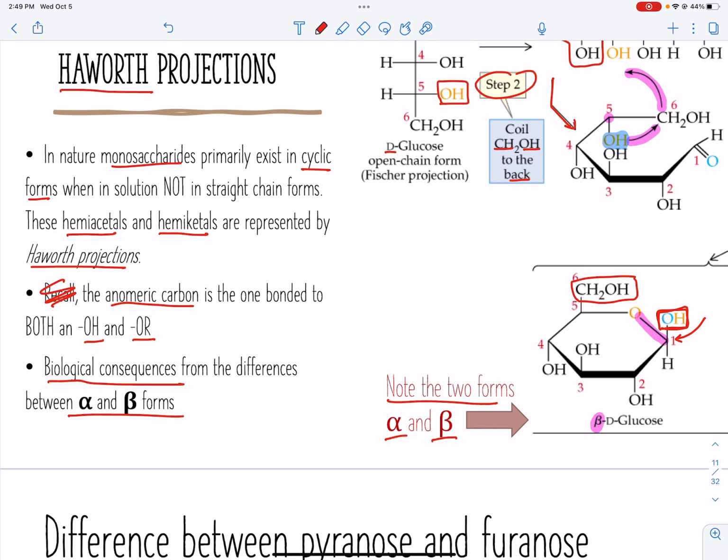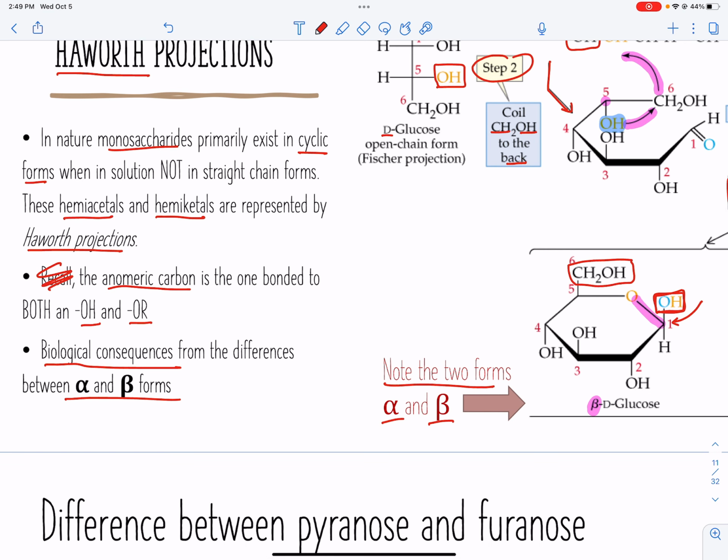And so what those are is, actually, let me double check real quick. I believe it is the alpha form that we can digest and the beta form that we cannot digest. Yeah. So things like amylose, the starch that you find in barley and corn and potatoes, are alpha linked.